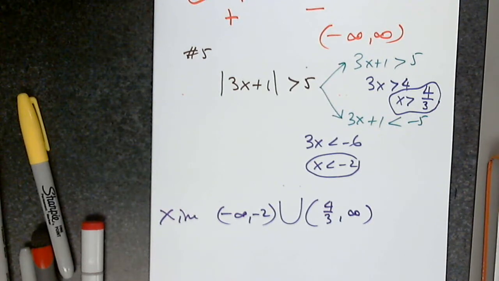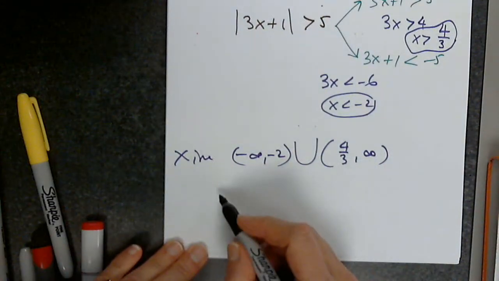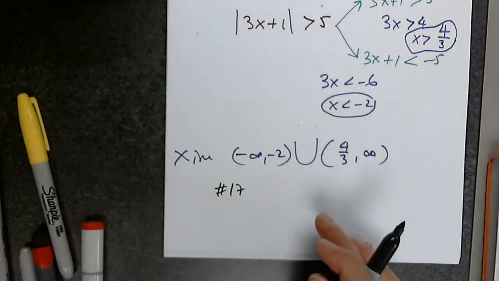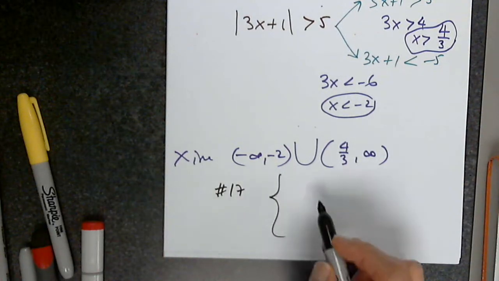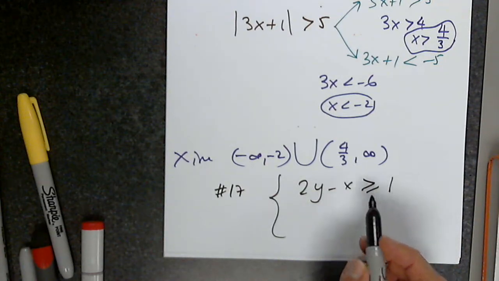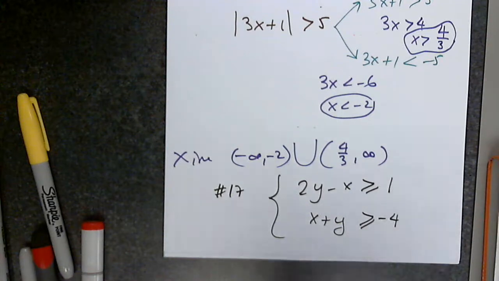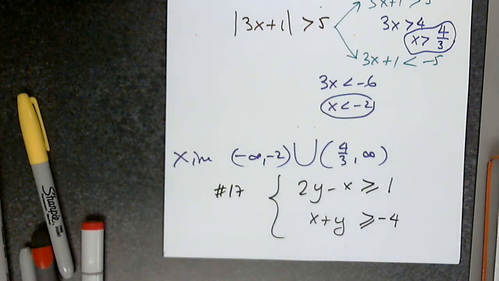Okay, 6 more minutes. Let's look at 17. We have 2y minus x greater than or equal to 1 and x plus y greater than or equal to -4. Question now.